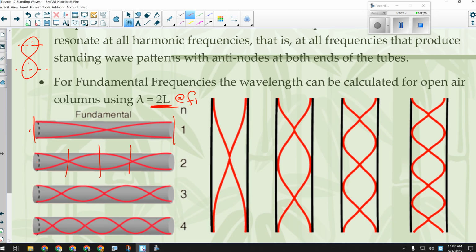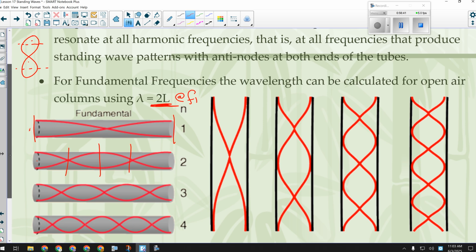Those two formulas, lambda is 4L, lambda is 2L, are on your formula sheet. What you have to know is which one goes with which type of air column. Closed air columns have a quarter of a wavelength, so they go with 4L. Open air columns have half a wavelength, so they go with 2L. And as we said, they resonate at all frequencies.